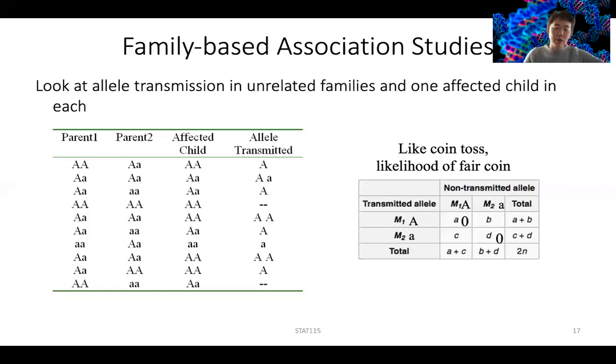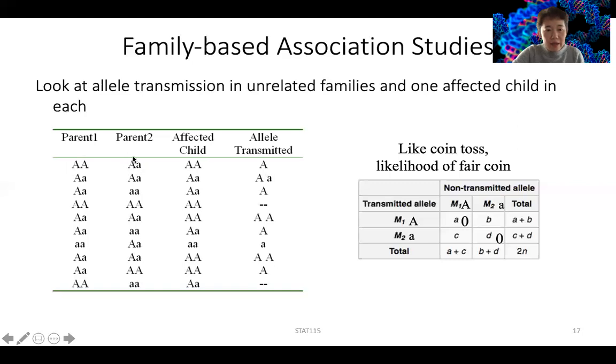You can do genome sequencing, and then at each SNP location, you look at what is in one parent, the other parent, and what is in the affected child. And in this case, by the way, the first parent actually does not have information, because we know for sure the first parent has to give a big A to the child.